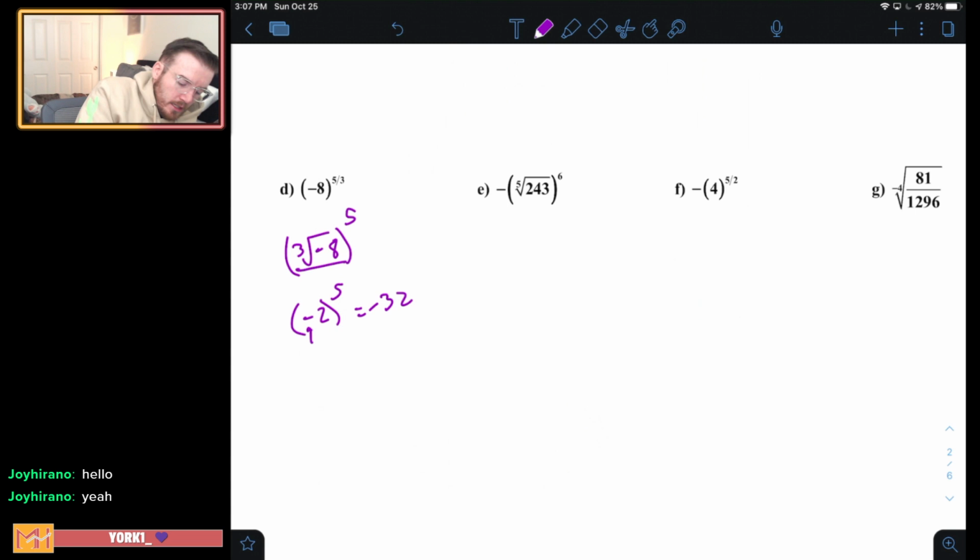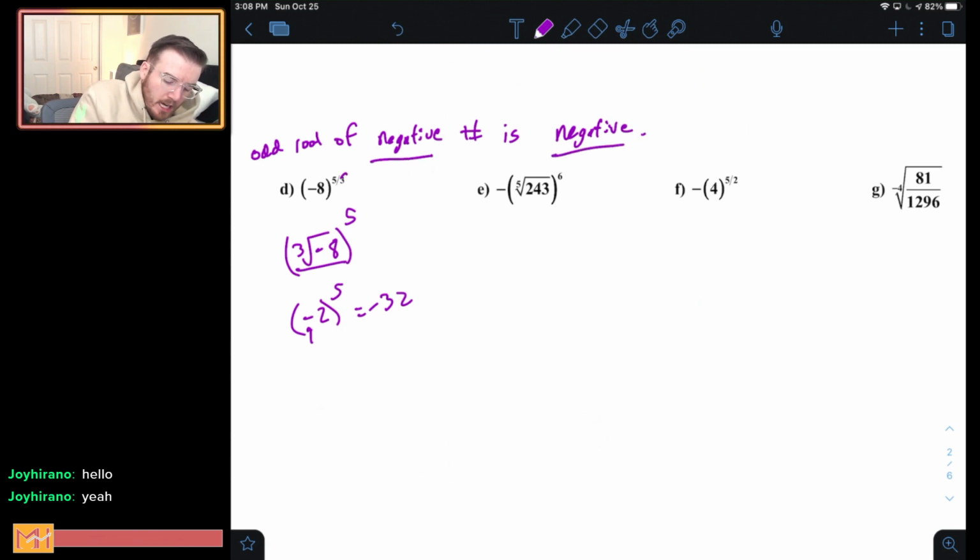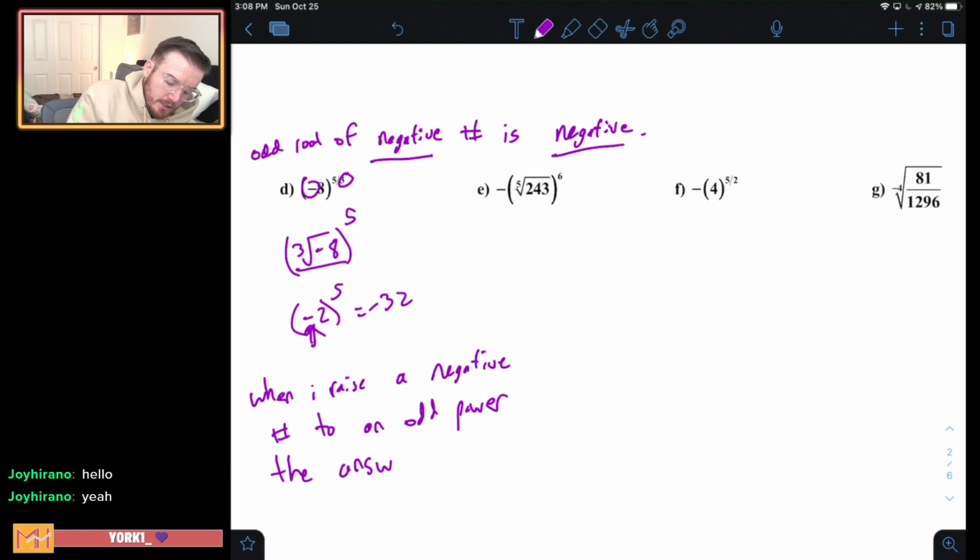Something worth noting, the odd root of negative numbers is negative. Right? When I take an odd root, 3 is an odd number, of a negative number, the answer is negative. Also, when I raise a negative number to an odd power, the answer is negative, right?